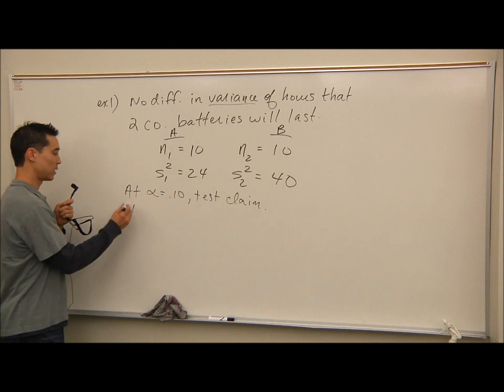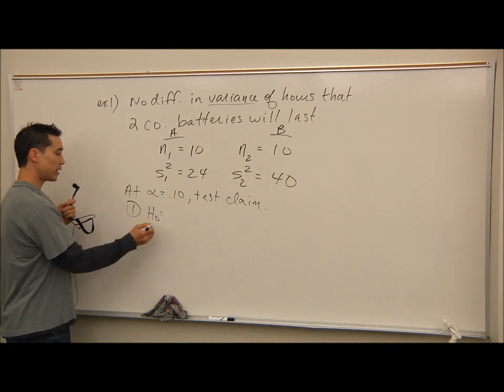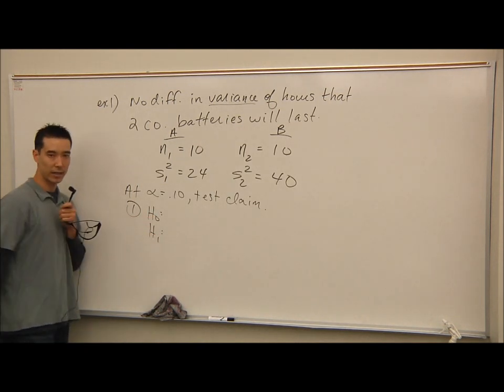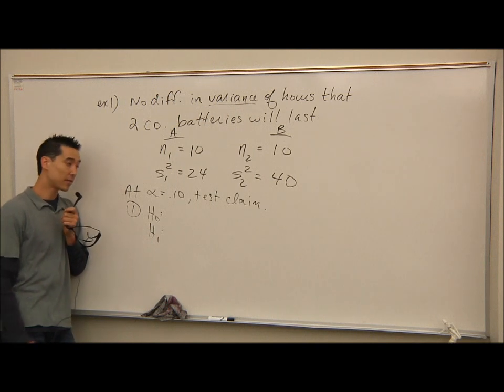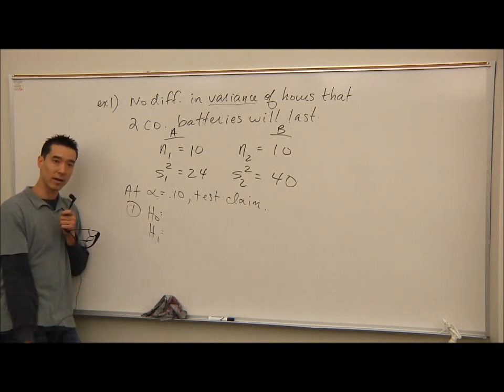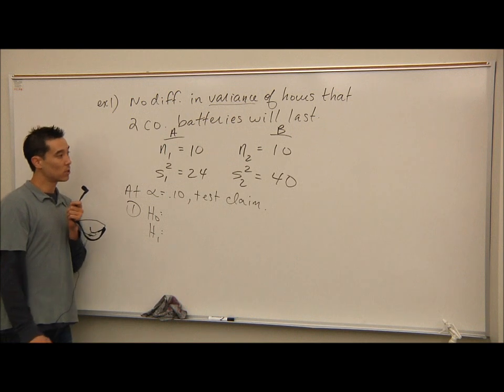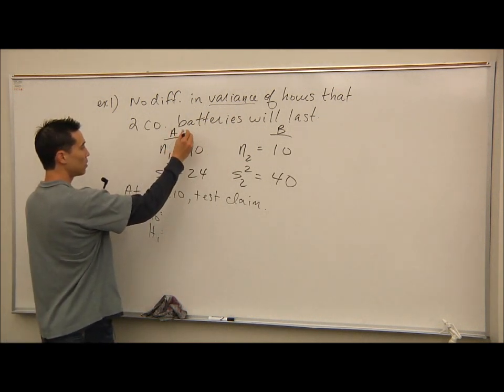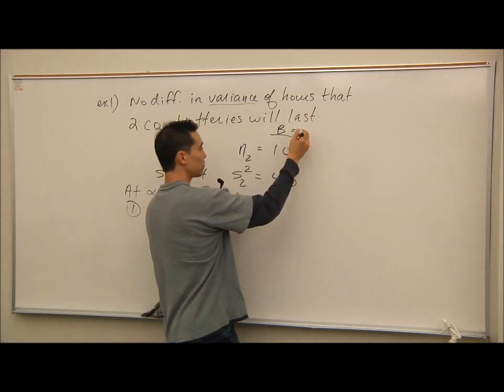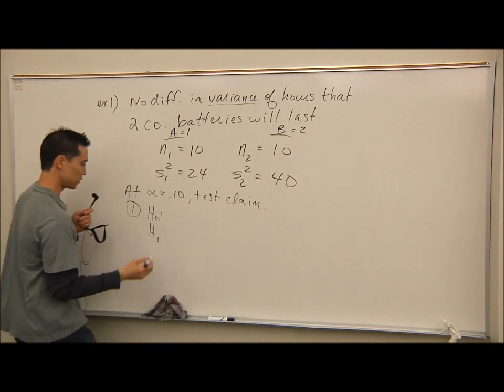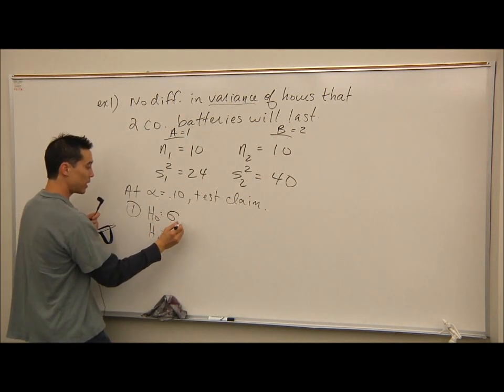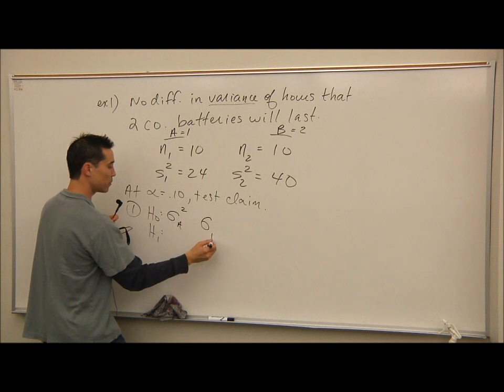Step 1, H0, H1. Well, today we're doing variance. So your hypotheses should be based on sigma squared, or the variance, okay? So I'm going to let A be 1 and B be 2, or I guess you could just call it A and B, that's fine too. So I'm going to say sigma A squared versus sigma B squared.